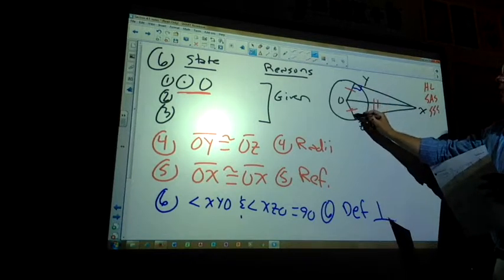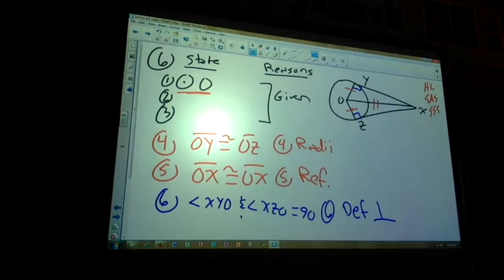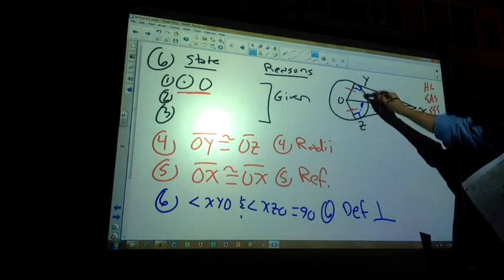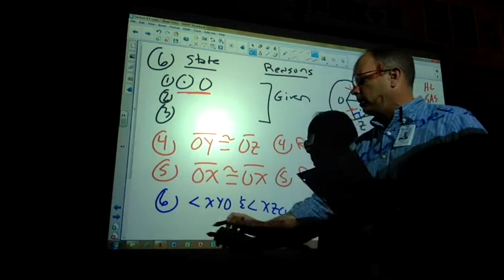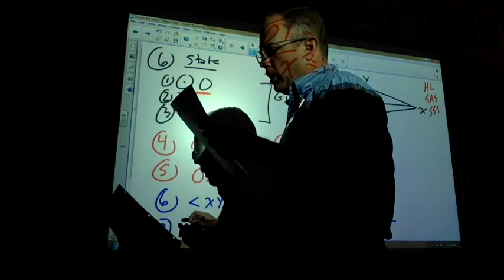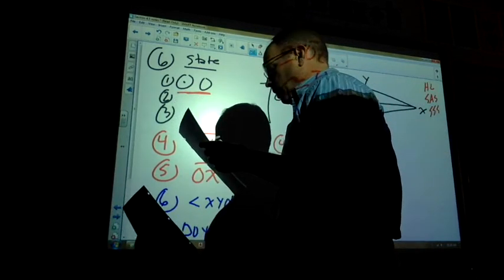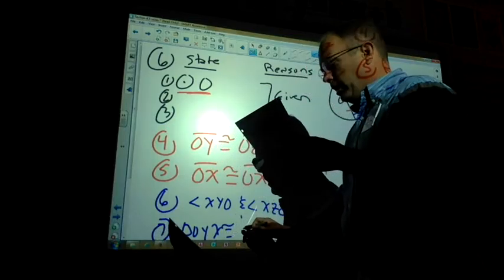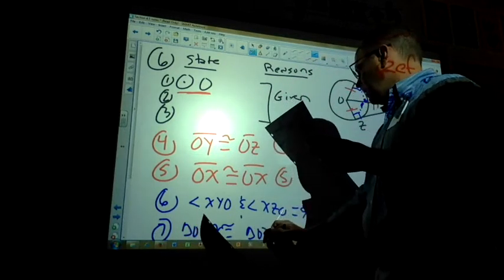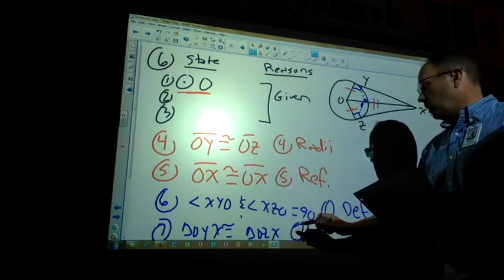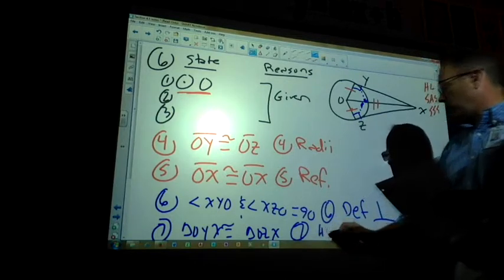Oh, now I have a right angle. Do I have hypotenuse leg? Yes, this points to the leg, this points to the leg. We can prove these two triangles are congruent. So triangle OYX is congruent to triangle OZX, and hypotenuse leg, HL, works perfect.